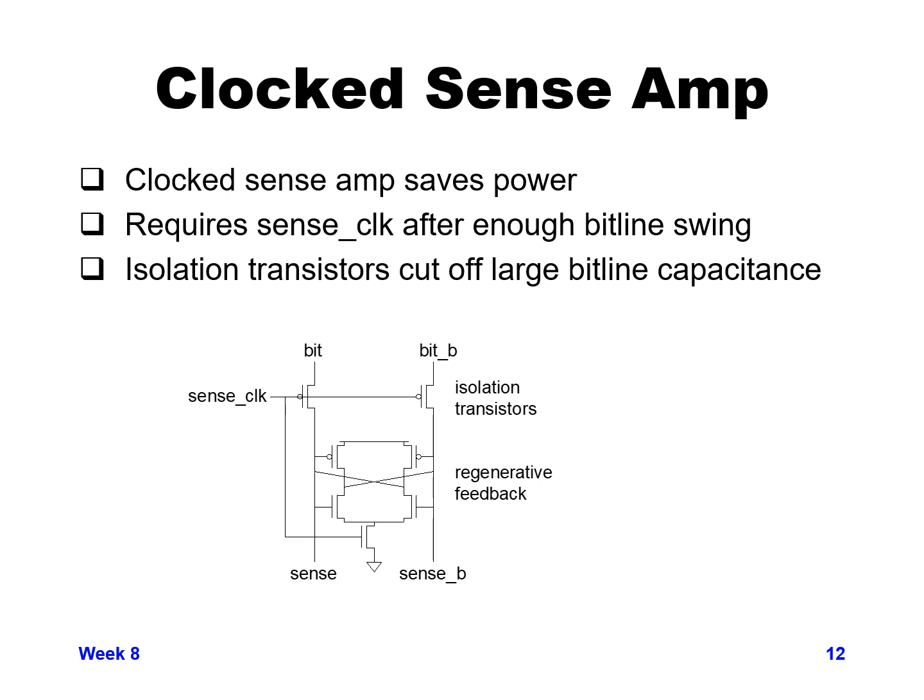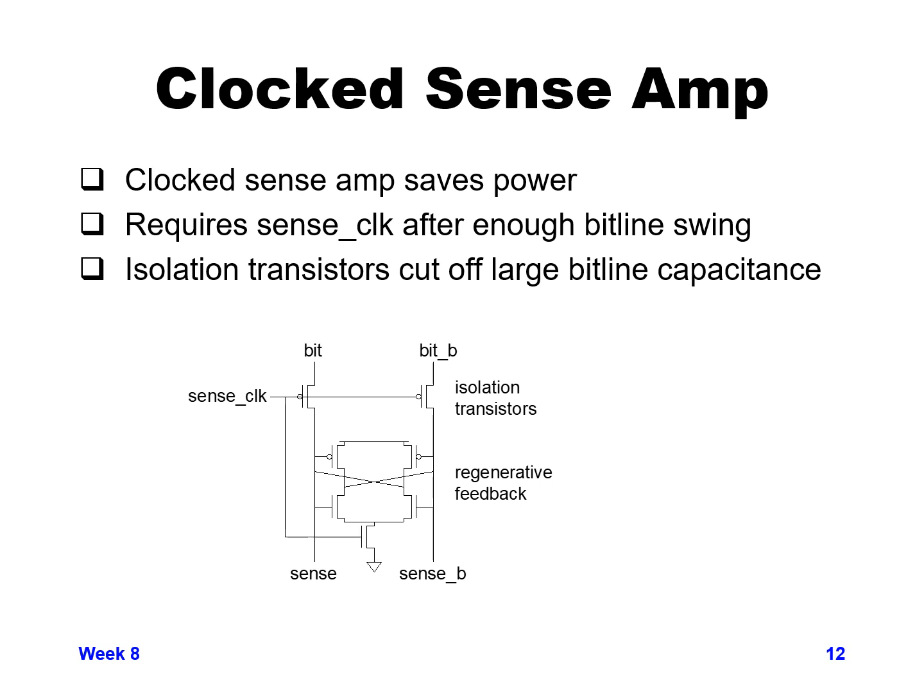And so whichever side is higher than the other will be pulled higher. The side that's lower will be pulled lower, and in effect, this will wind up resolving to a value of 1 and 0 based on whichever side was higher than the other will be the 1, and whichever side is lower than the other will be the 0. And this will resolve as long as you had enough differential before you had your sense clock go high.